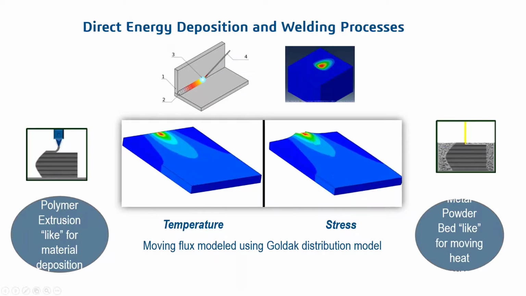This kind of simulation comes in a wide range of different fidelity levels, where the simplest one is a pure static analysis, where material, as it's deposited, could have what is known as an inherent strain or an eigenstrain, which is how welding simulations historically have been done.